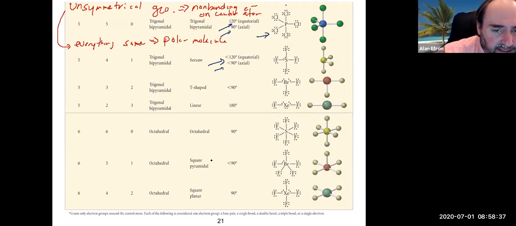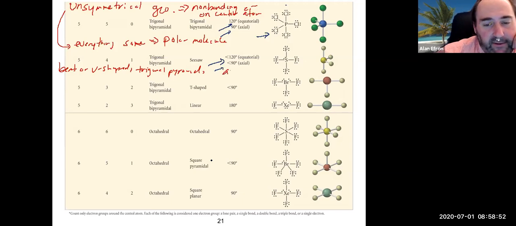So if you think about it, that's like your bent or V-shaped. That's your trigonal pyramid. That's your angular. Any of these, some other guys here. That's your seesaw, right? I see dots. Everything on the outside is the same, going to be polar.